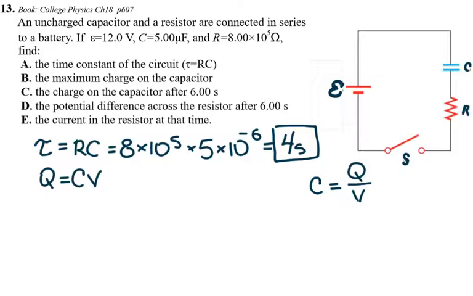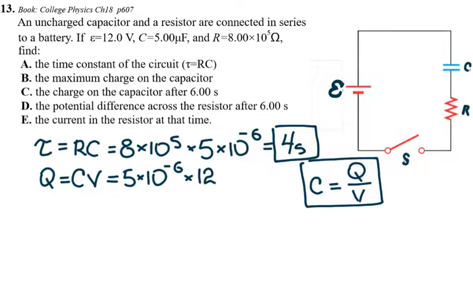Multiplying both sides by V gives Q equals C times V. The capacitance is 5 microfarad and the voltage is 12 volts. So the maximum charge on the capacitor is going to be equal to 60 microcoulombs.